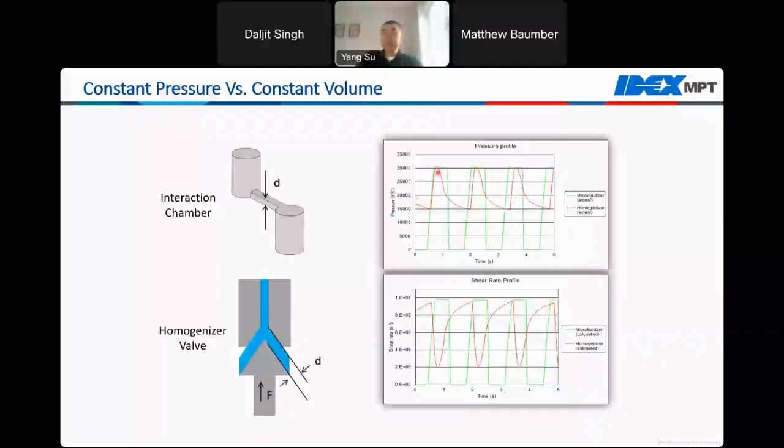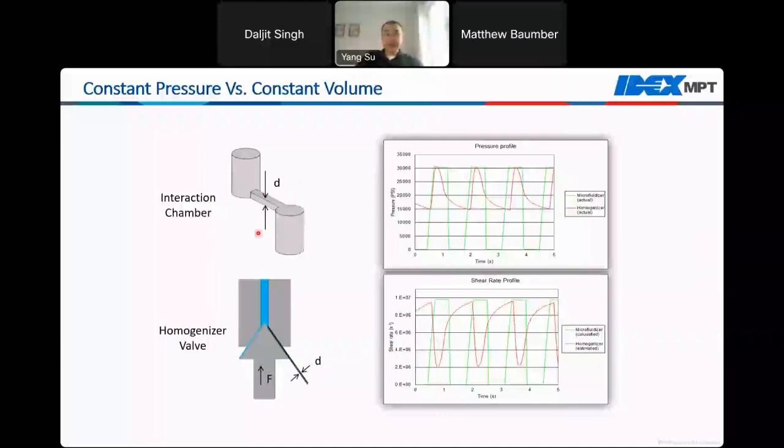If your set pressure is 30,000 psi in this case, you can see the pressure variation can be as high as 50%. So you can drop the pressure as low as 15,000 psi here, which means your material is not receiving a uniform treatment. It is being treated at a variety of different pressures, which will not result in a very efficient process and uniform product.